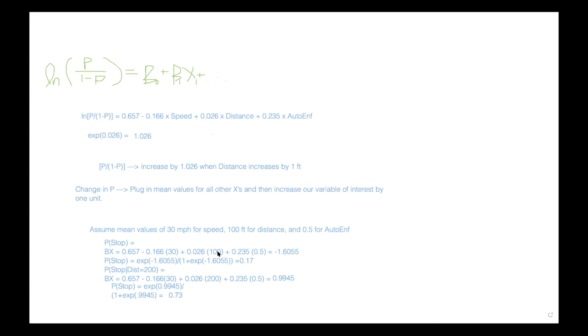A second way we could calculate that is we could take every individual observation in our data set and all of the actual X values, and then increase X by 1 unit for all of those and average that across the sample. Either of those approaches is going to give us a result that's very similar in nature.